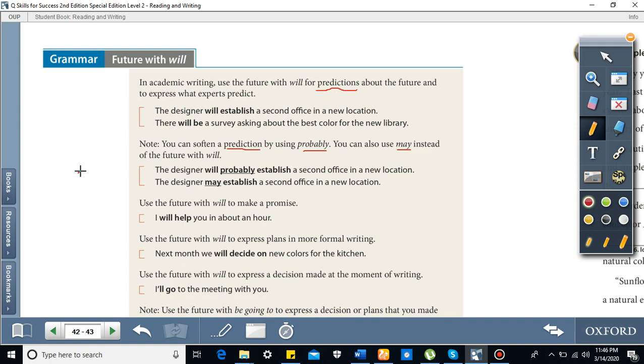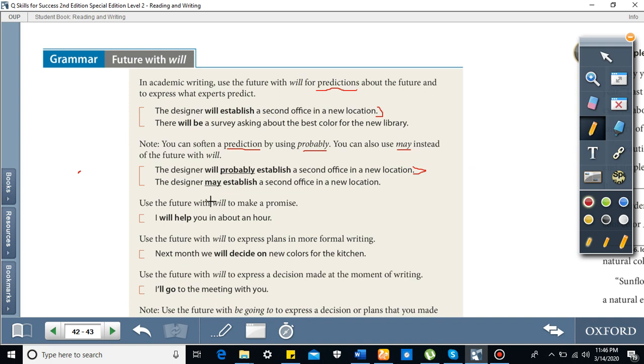For example, here: The designer will probably establish a second office in a new location. Look at this prediction. It feels more certain, and this one is not that much. So that's how you can predict about the future, about anything, using will.